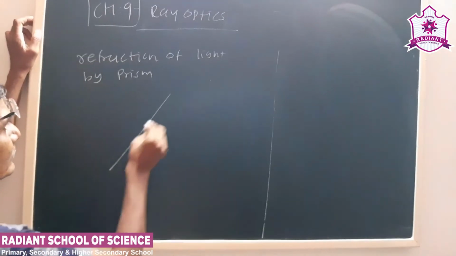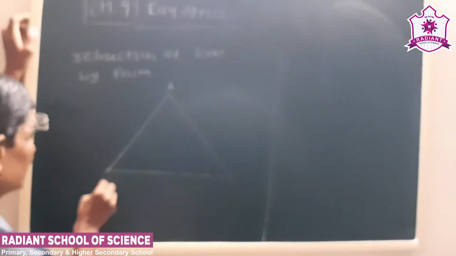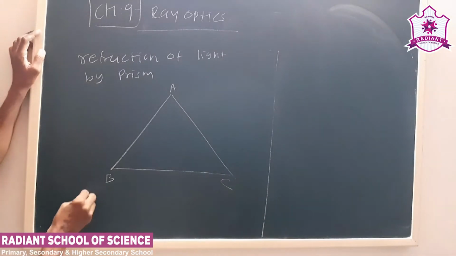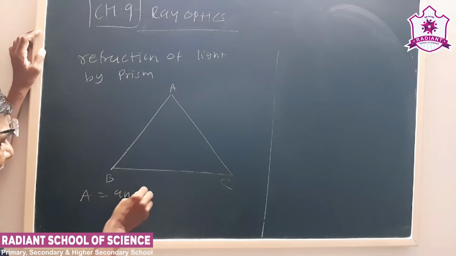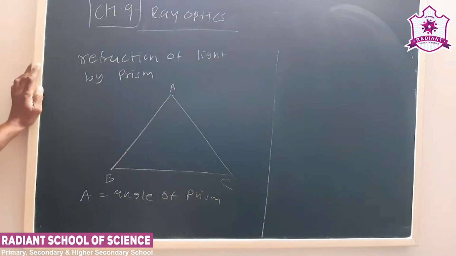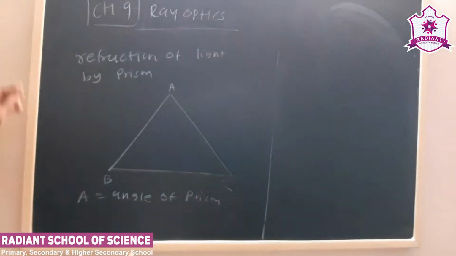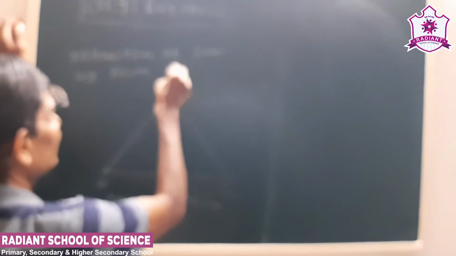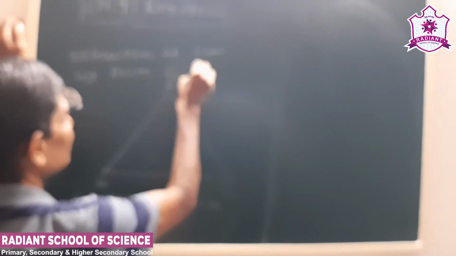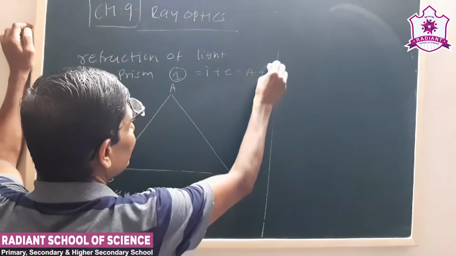Now see, in that, this A is called the angle of prism. Okay, now see the first formula. See, the question is divided into two parts. First part, let us say A, we have to prove I plus E is equal to A plus delta or D.